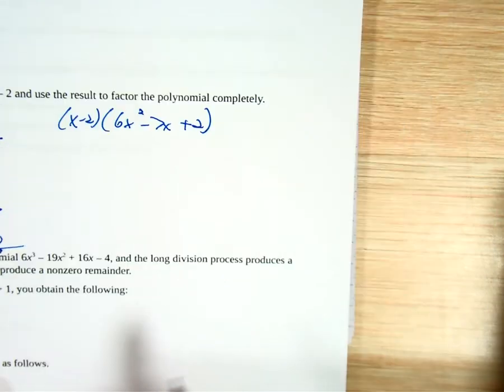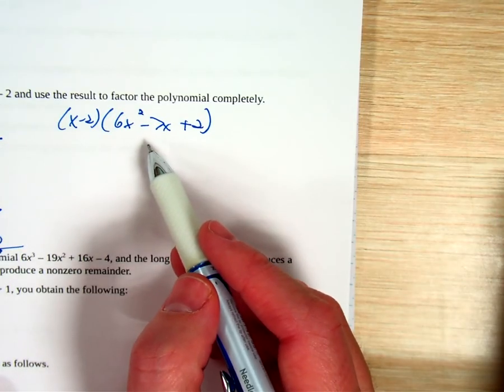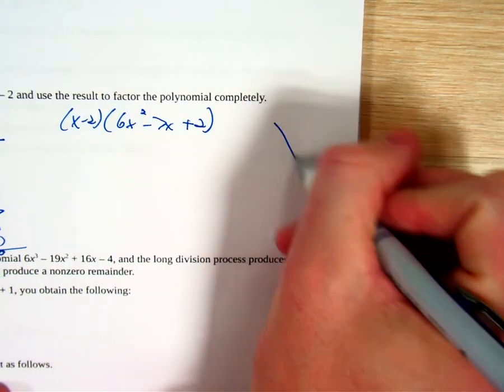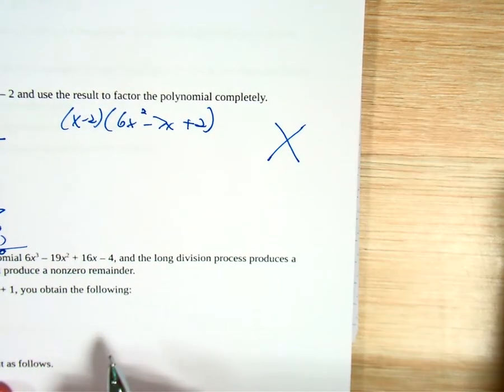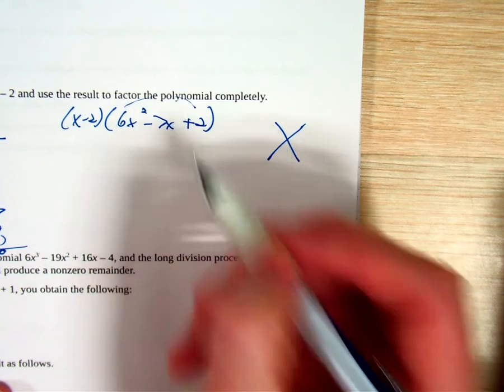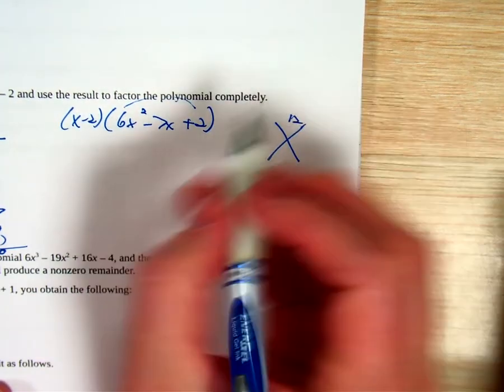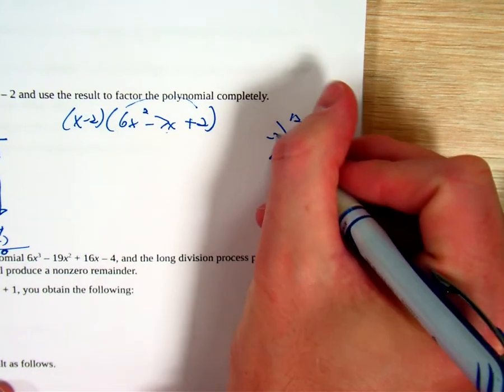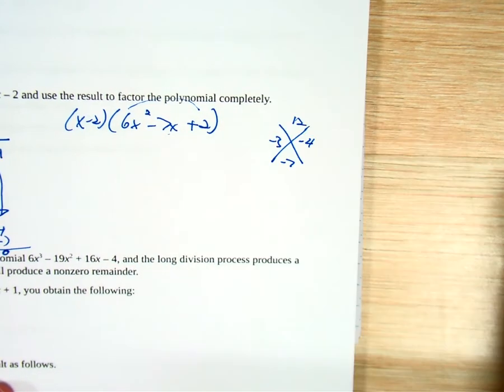Now we got to factor this. You can do guess and check or whatever factoring techniques you've learned up to this point. I like to go with front times back: what multiplies to 12 and adds to negative 7? How about a negative 3 and a negative 4?